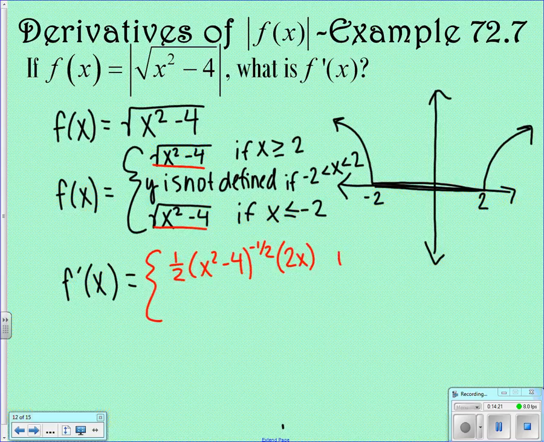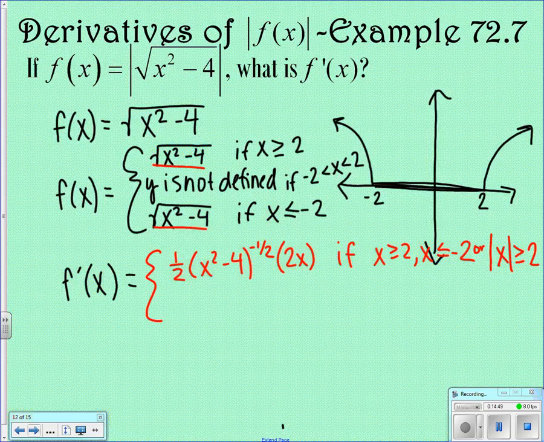And you can write it if x is greater than 2 and x is less than negative 2. You can also write that as if the absolute value of x is greater than or equal to 2. So you could do it like that. Either one would be fine with me.